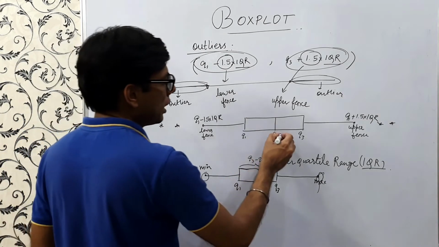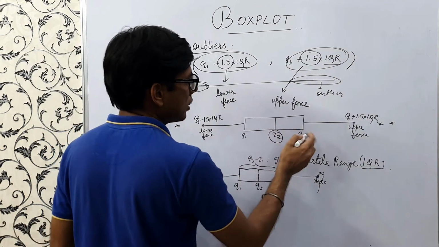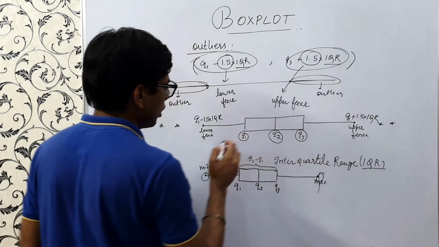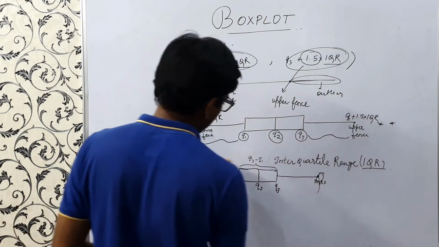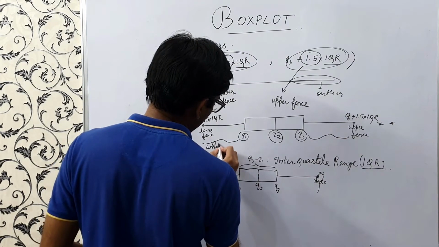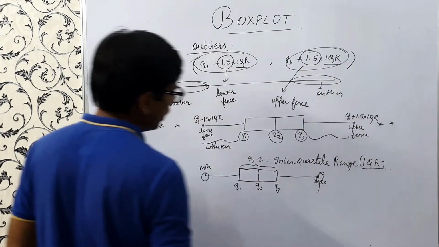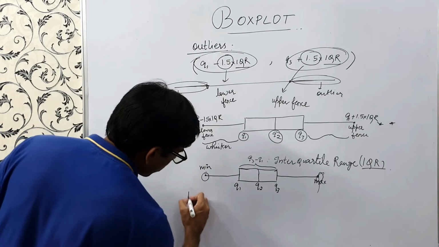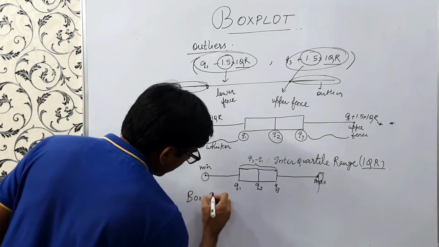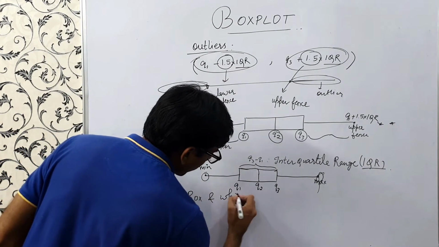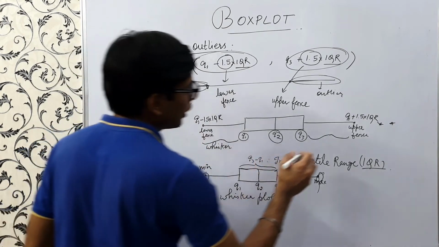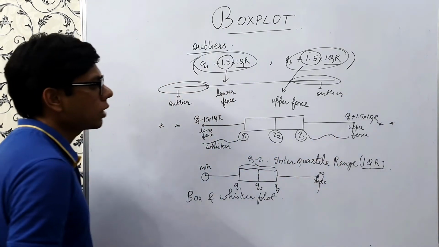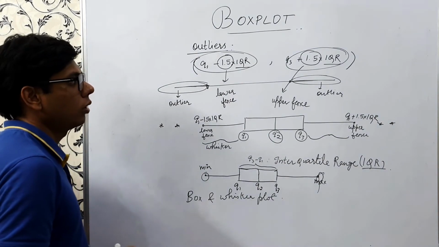So this is the median, and this is Q3 and Q1, and these lines are sometimes known as whisker, just a terminology, whisker, and hence it is also known as box and whisker plot, right? This is also known as box and whisker plot.